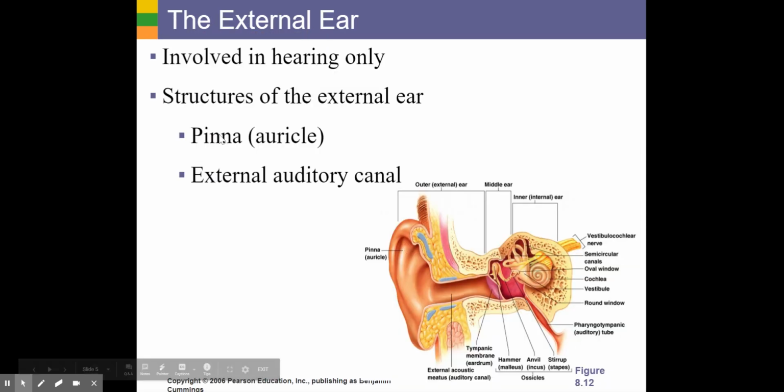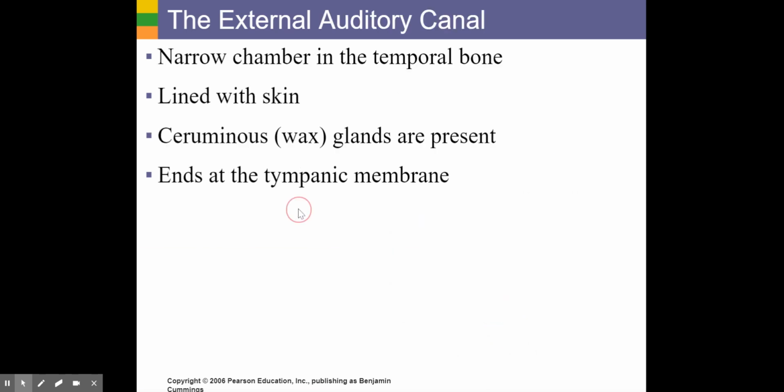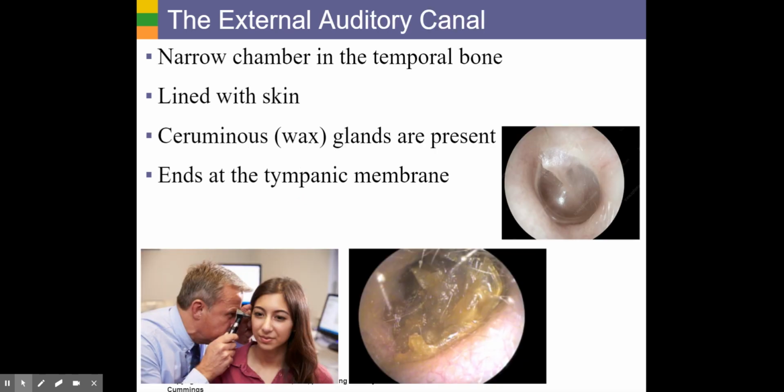Okay, the external ear is essentially involved in hearing only, and there are two basic structures that are part of the external ear: the pinna, or auricle, sometimes it's called, and that's the outer portion that we see, and then the auditory canal, the opening leading into the ear. The external auditory canal is a narrow chamber that passes through the temporal bone.